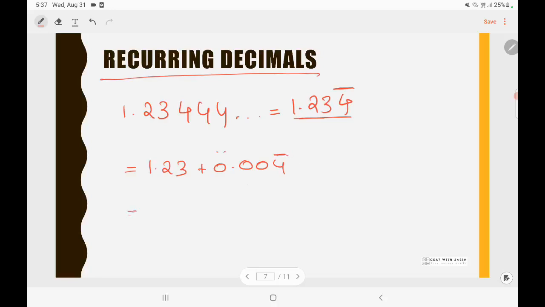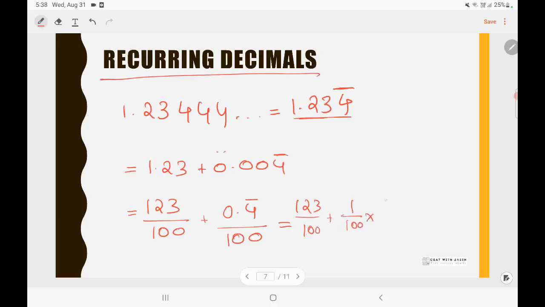So now 1.23 is 123 divided by 100. Right. Now 0.004 bar is like 0.4 bar divided by 100. Right. So this is 123 divided by 100 plus 1 by 100 into 0.4 bar.